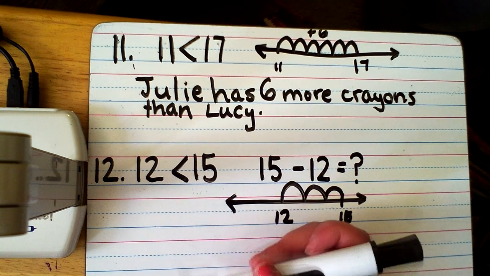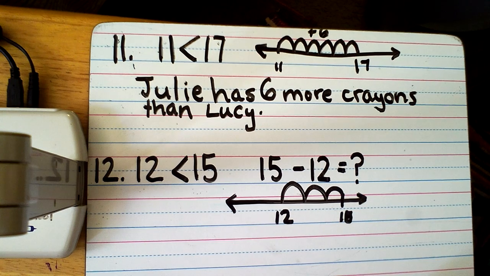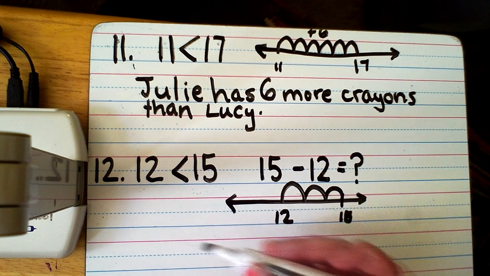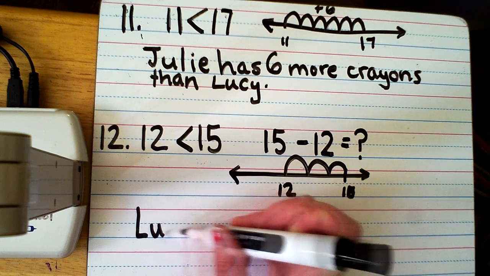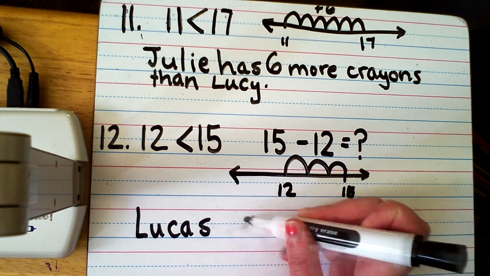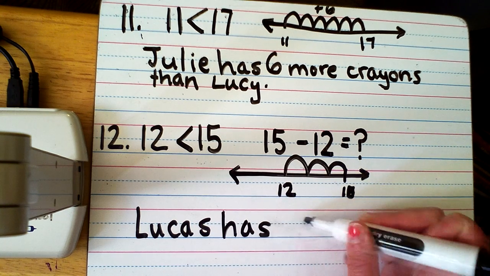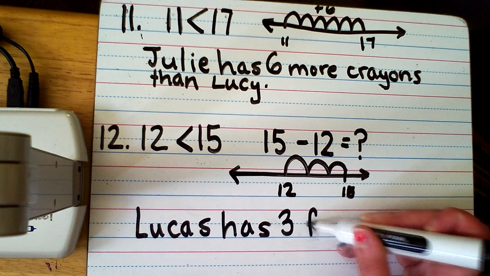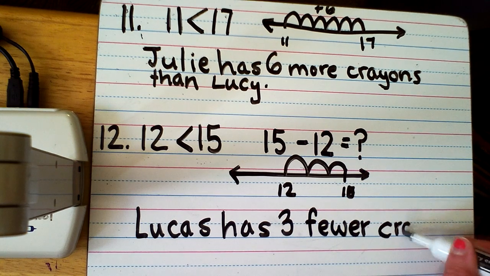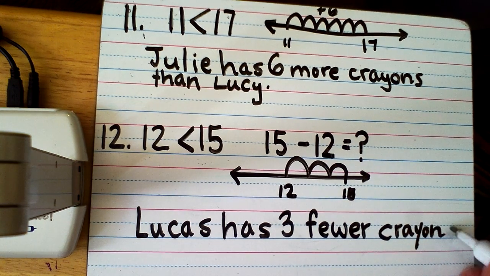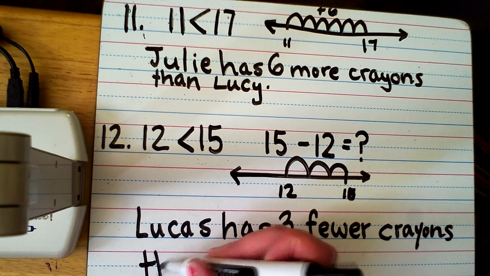So we would say that Lucas has 3 less crayons or 3 fewer crayons than Leah. Lucas has 3 fewer crayons than Leah.